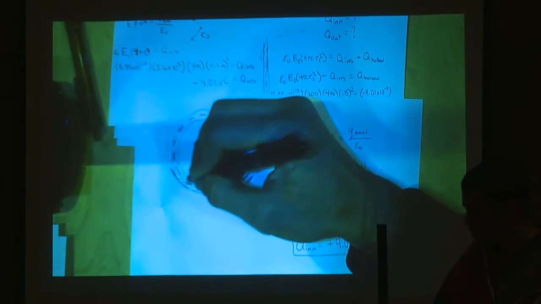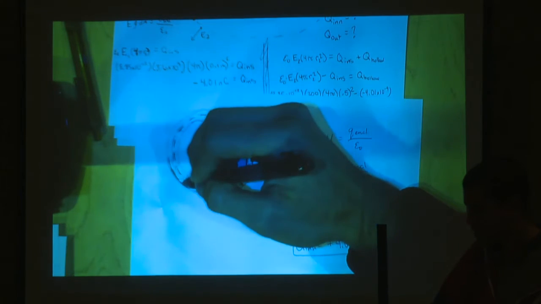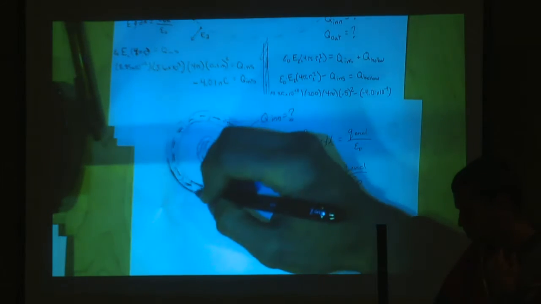And the reason for that is because this one, which we described to be negative, negative 4.01, is going to attract all the positive charges to the inner surface. And then the negative charges are going to be repelled outward. Thus, we'll have some electric field radiating outward and inward, and they cancel within.